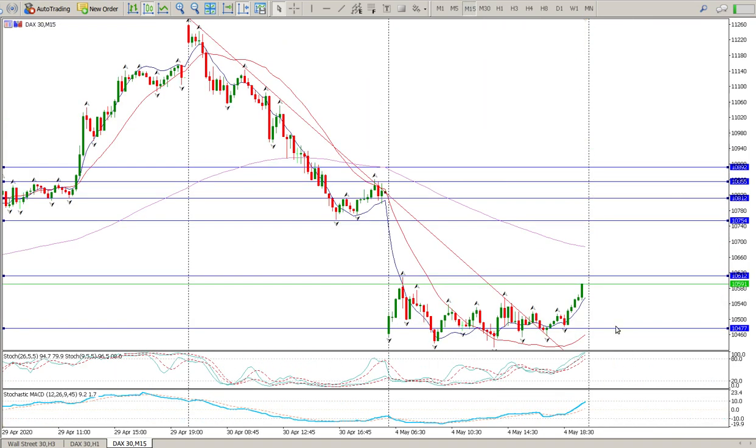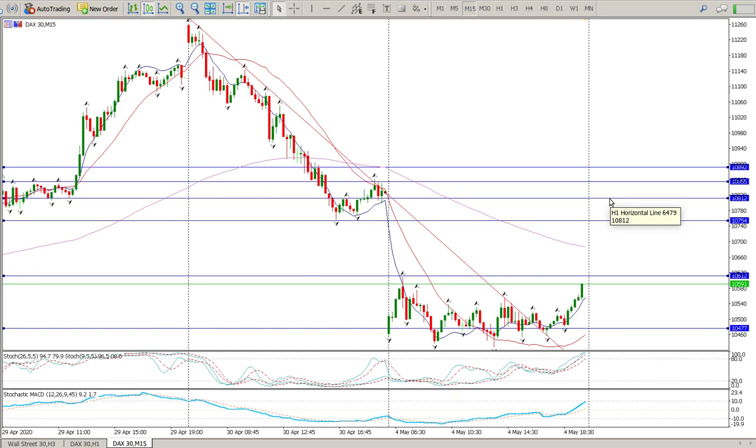We have a range, we have a trend line, we have a potential trend reversal on the 15-minute right now. If we do get above 10612, I want to see price move up. I want to see it come back. I want to see it hold this level. Then it is long, and long for 10754 and then 10812. Those are my first two targets.